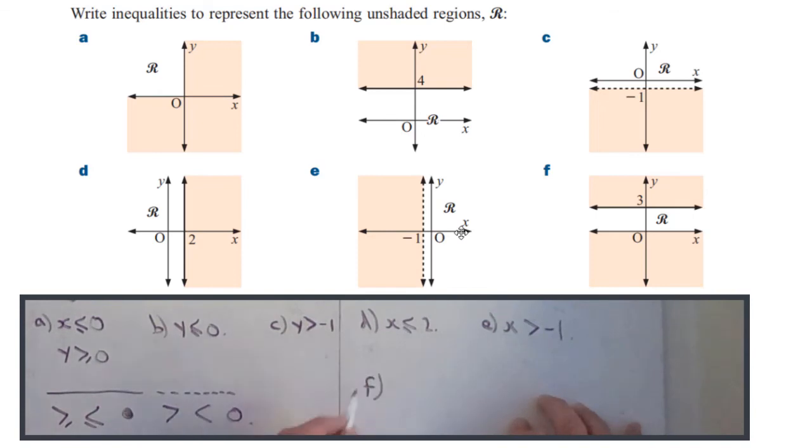And finally, F. Here you've got two unwanted regions shaded out. So it's going to be a couple more rules to describe it. But you've got two lines, you've got y equals 3 and you've got the x-axis. They seem to be boundary lines of the region. They are solid lines, so being on the line is fine.